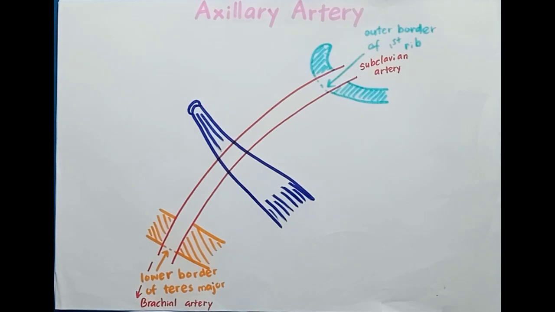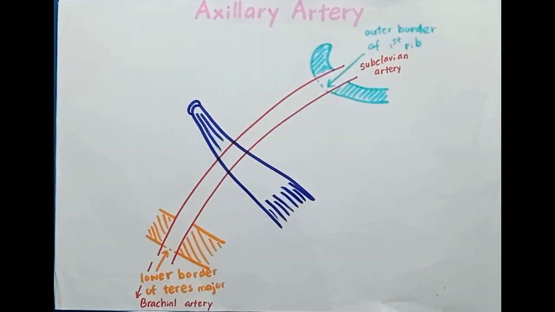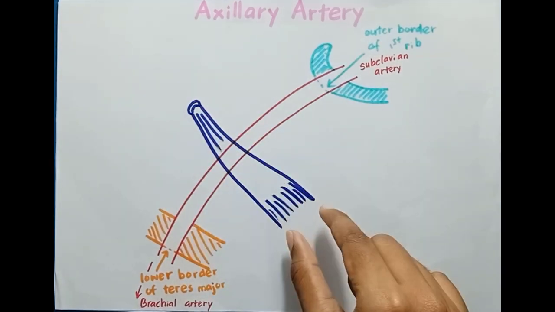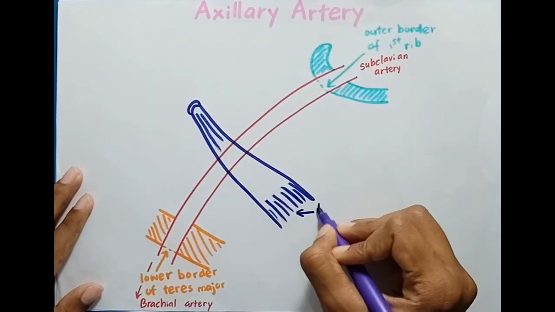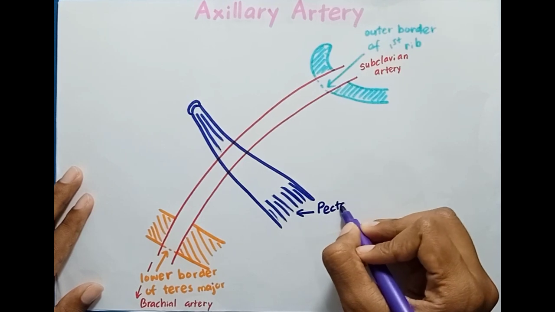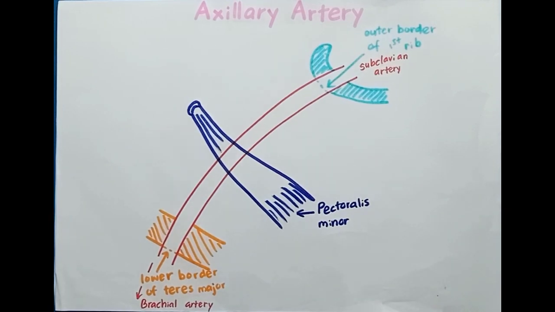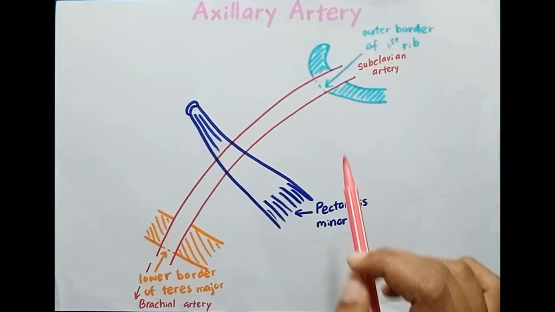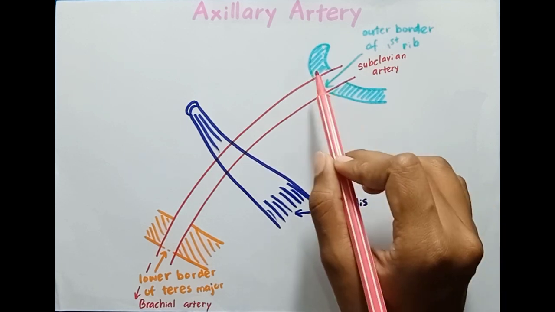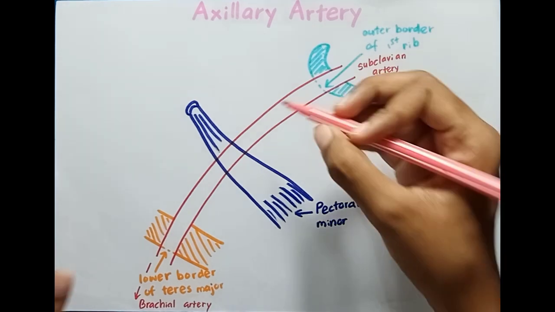The axillary artery is divided into three main parts by the pectoralis minor muscle. Here you can see the pectoralis minor muscle. The first part is from the lateral border of the first rib to the upper border of the pectoralis minor.